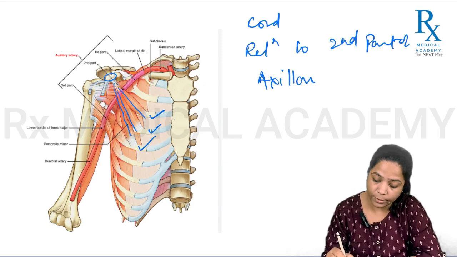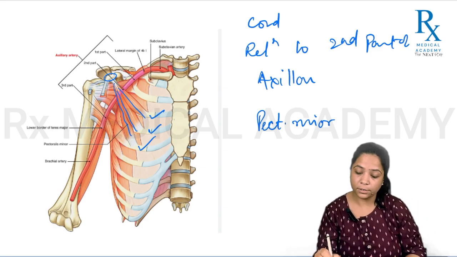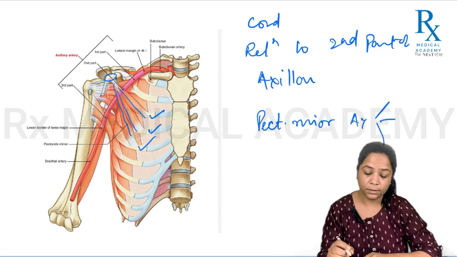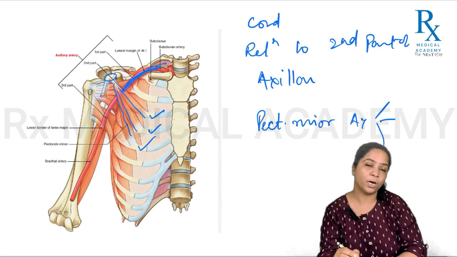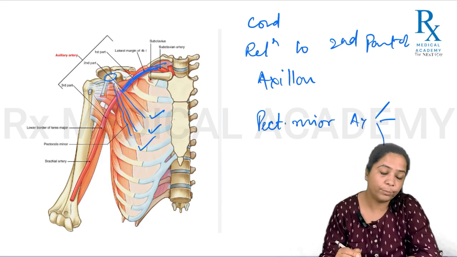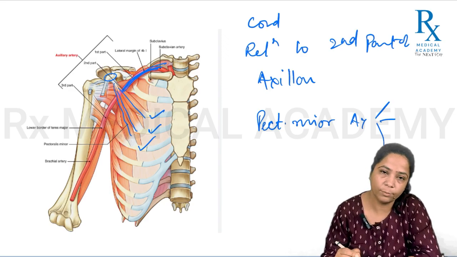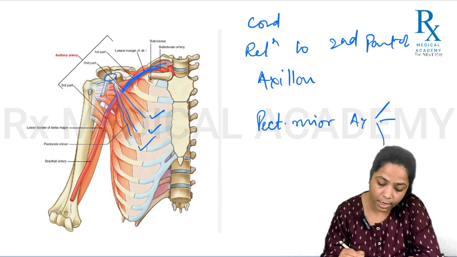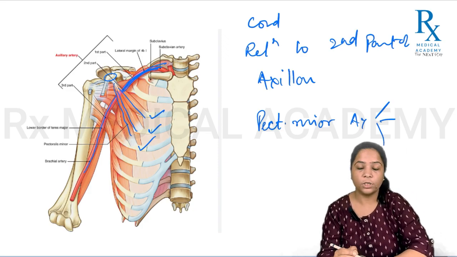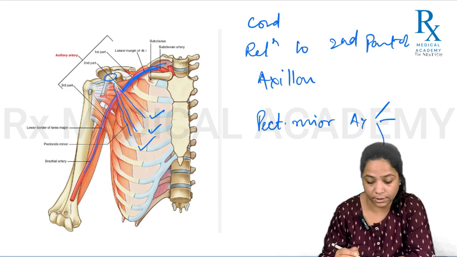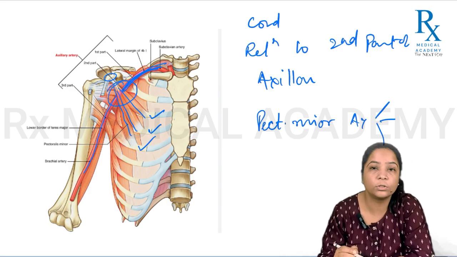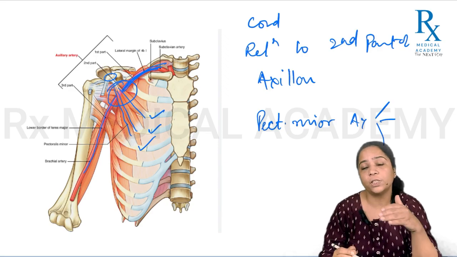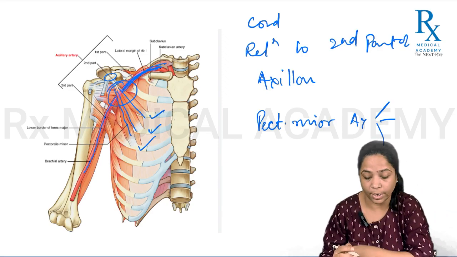This pectoralis minor muscle divides the axillary artery into three parts. The part lying proximal to the pectoralis minor muscle is the first part of the axillary artery. The part lying behind the pectoralis minor is the second part, and the part distal to the pectoralis minor muscle is the third part. These cords are named according to their relation to the second part of the axillary artery, which lies behind the pectoralis minor muscle.